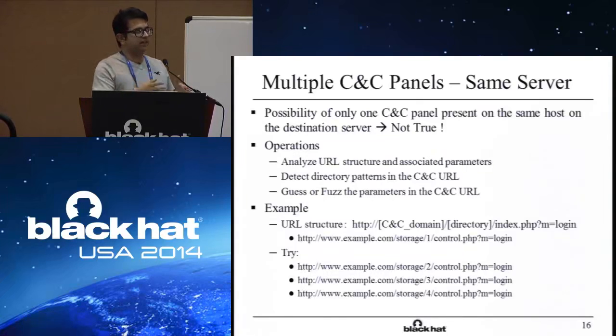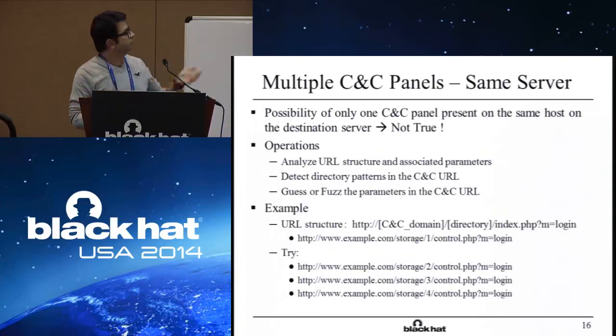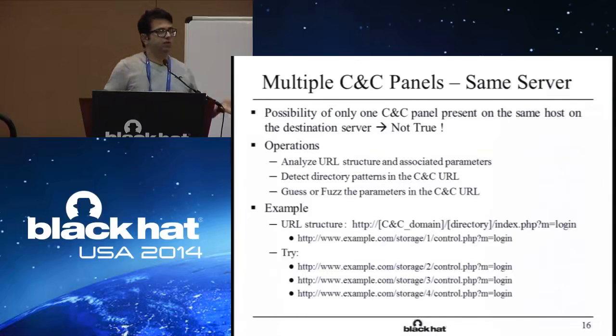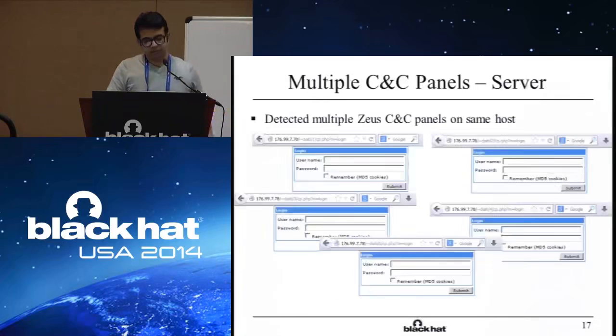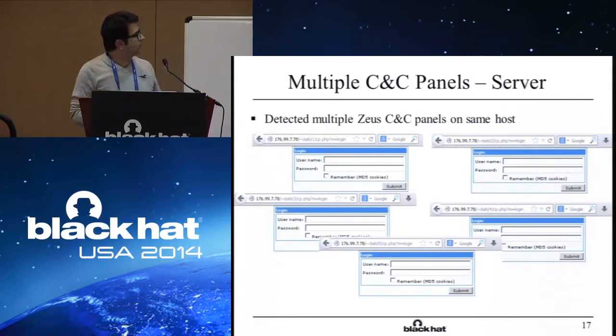The overall idea is that even if you get the first link where the CNC server is hosted, basically the URL, you really need to find the pattern. As I give an example here, after the storage directory there is 2, 3, 4. So you're going to keep on iterating all those things. You can automate the process, and this is always beneficial. There might be only one, there can be multiple. When I tried this process, I found multiple Zeus panels hosted on the same server.